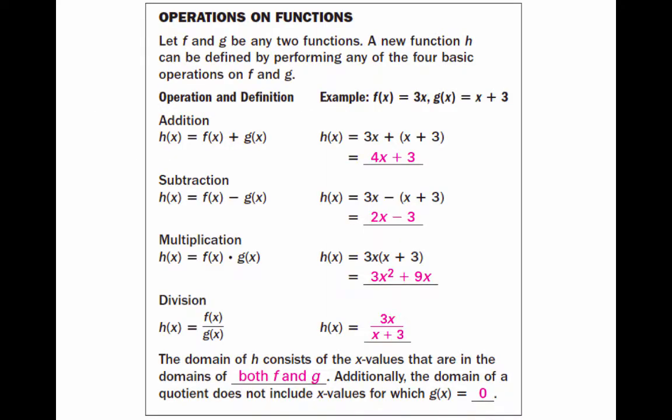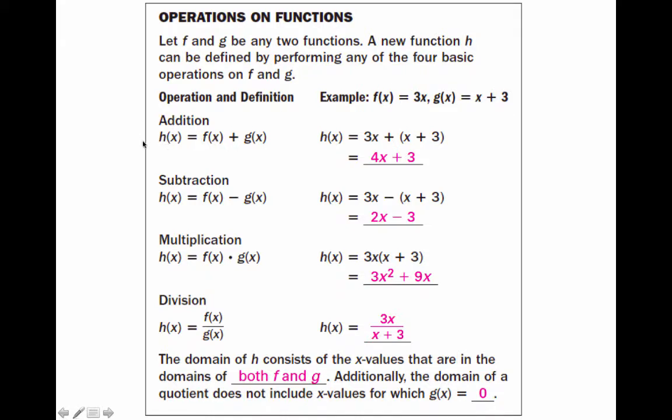All right, so our operations of functions, like I said, addition, subtraction, multiplication, division, work just like adding, subtracting, multiplying, and dividing polynomials. You've got f of x, for our example, equal to 3x, and g of x equal to x plus 3.